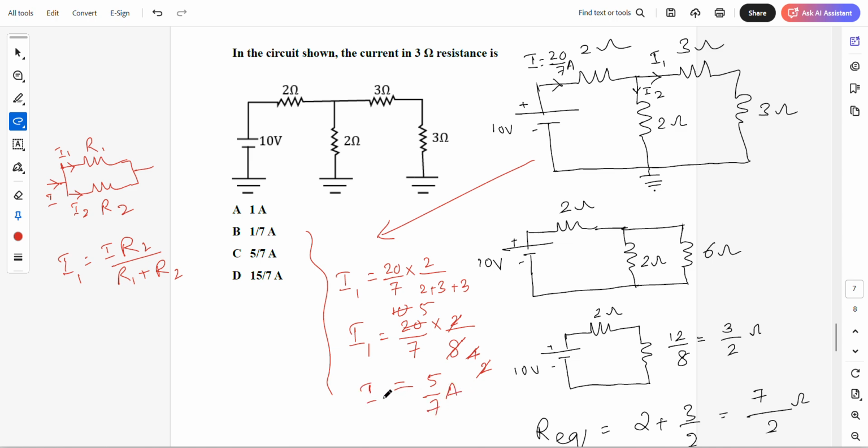Hope you understood this. I1 is equal to 5 by 7. Be careful while simplifying here. What we have done: I1 is equal to 20 by 7 into 2 by how much? 5 plus 3 is 8. Understood? 2 fours are 8, 5 fours are 20, 2 2 gets cancelled. That is equal to 5 by 7, the right answer.